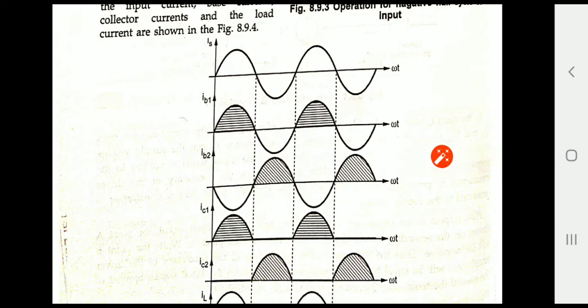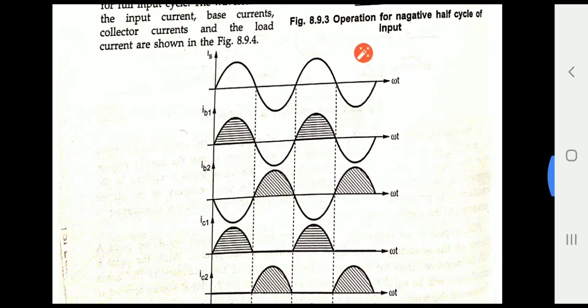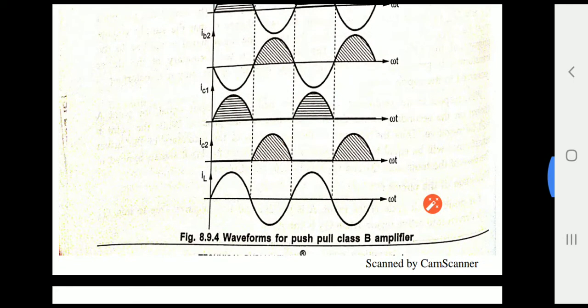So this is the waveform for the input cycle. This is the input cycle or IS we can call. IB1 is the current for the Q1, IB2 is the current for Q2, IC1 is the output current of Q1, IC2 is the output current of Q2.